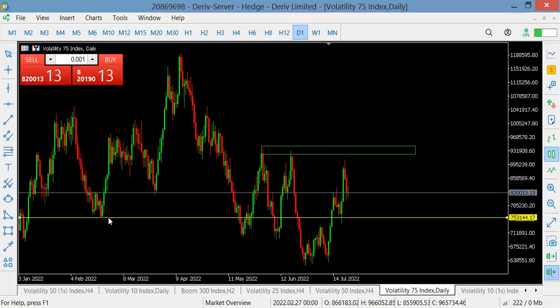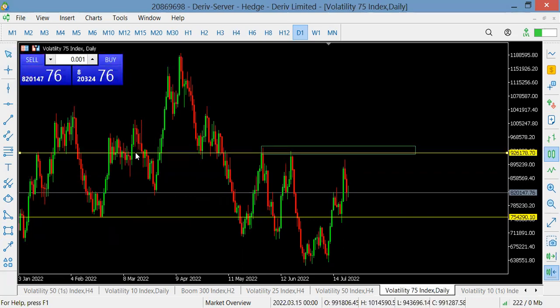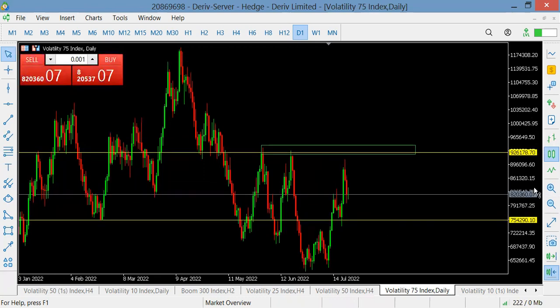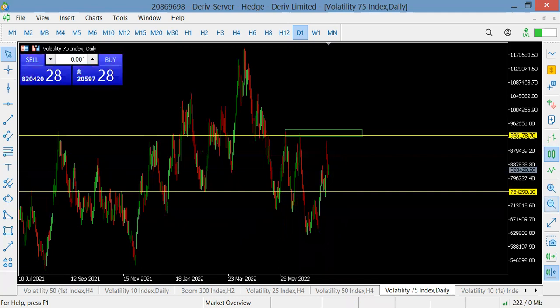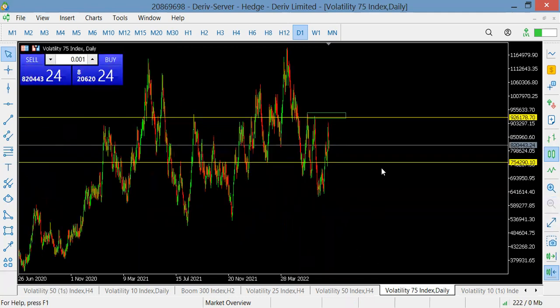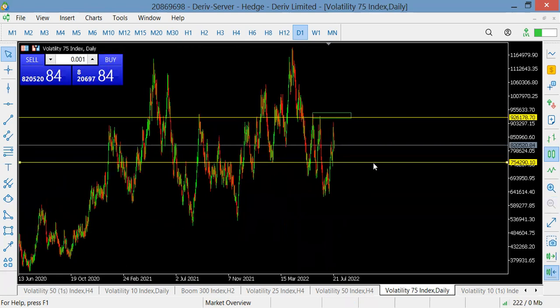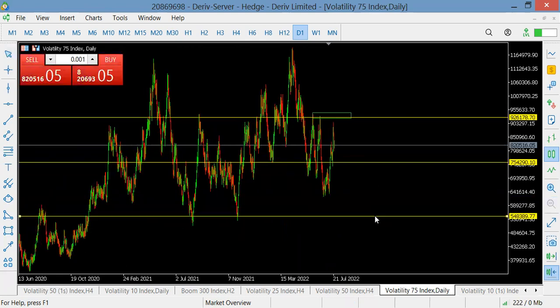You have to ensure that you see a lot of confluences, a lot of things playing out in the market before you eventually decide to take a trade. That is what we call confluence trading. Confluence trading is you ensuring that you see a lot of confirmations before deciding to take a trade.